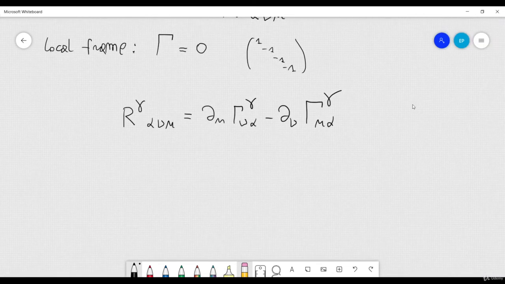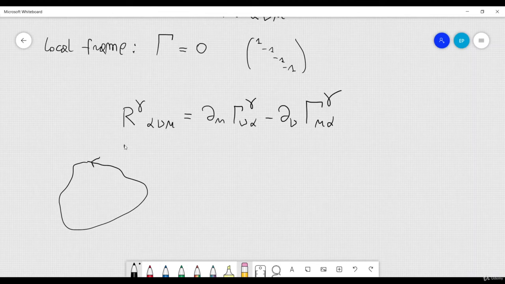And finally, if we consider, instead of an infinitesimal loop, a finite curve along which we want to calculate the change of a vector delta v gamma, well, in this case, it is quite intuitive that we have to integrate over the curve that I call sigma, and I simply have to rewrite the expression that I derived earlier.